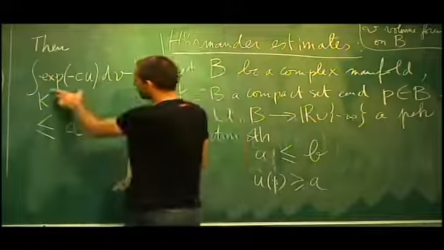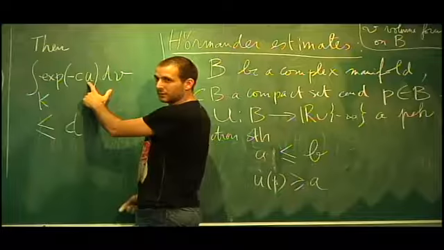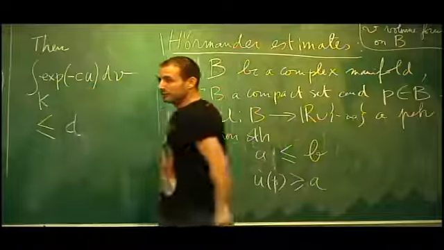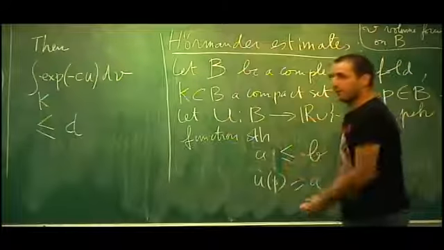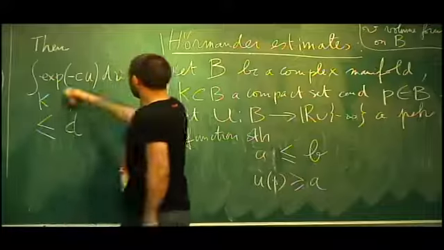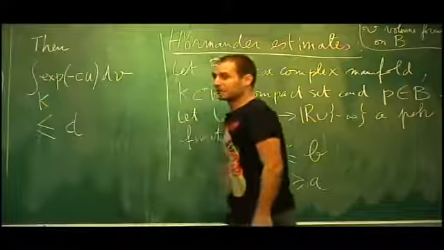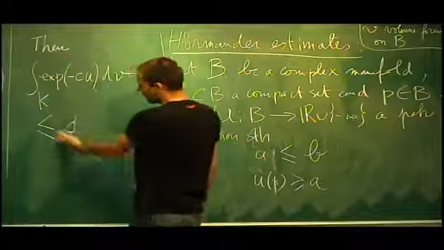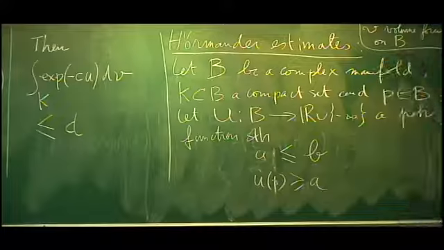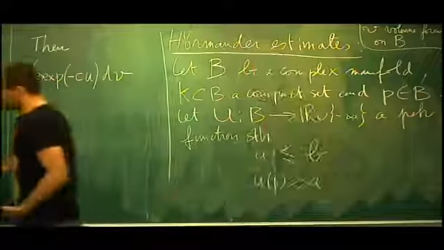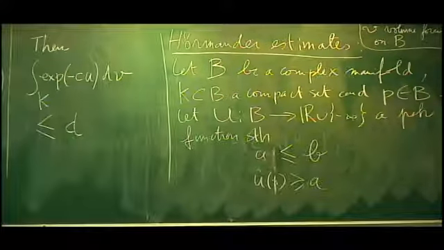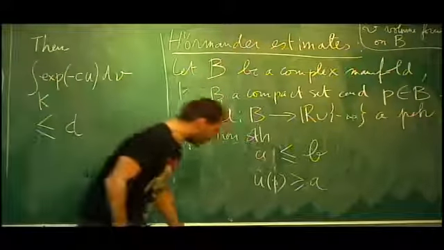And what is important here is that you can have a logarithmic pole at some point, but then you take the exponential of minus U. So if there is a really negative logarithmic pole, this quantity is going to be really large, which will be impossible by the fact that you have some bounds. This is the way that you can control the volume of the set of points where a subharmonic function is bounded from above by a constant.